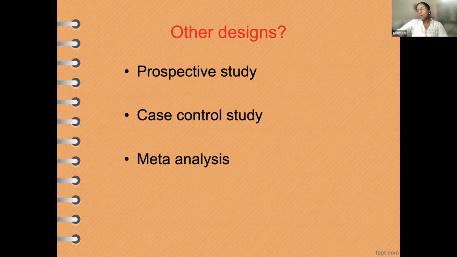For example, if we had to do a case control study, we don't have the outcome here. We would need to give fertility drugs to patients and see whether they are going to have this cancer or not. It is not easy to give a drug and wait and watch whether the patient will get cancer.